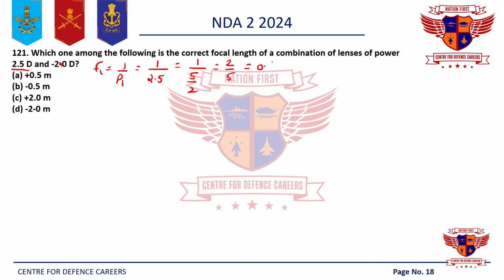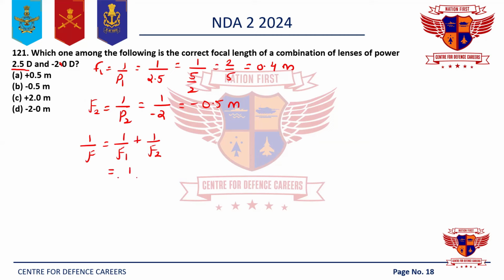So we get 0.4 meters first focal length. Similarly, let's find out the second focal length. That will be 1 upon P2. That will be equal to 1 upon minus 2 and that will be equal to minus 0.5 meters. Now the total focal length will be 1 upon F will be equal to 1 upon F1 plus 1 upon F2.